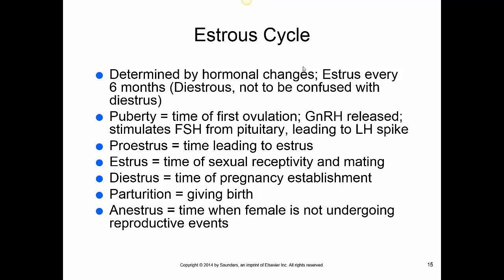And we can do a cytological exam of the vaginal area. Usually we use a Q-tip. Some people actually do a vaginal wash or flush. And we can help determine which stage of estrus they're in, and we can tell the difference between proestrus and estrus.